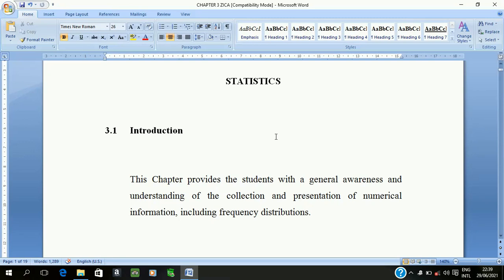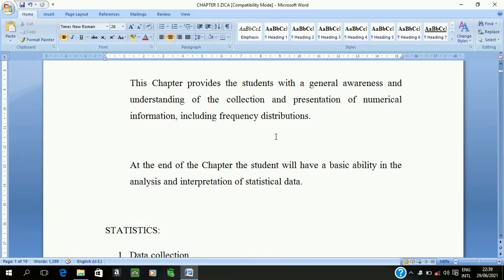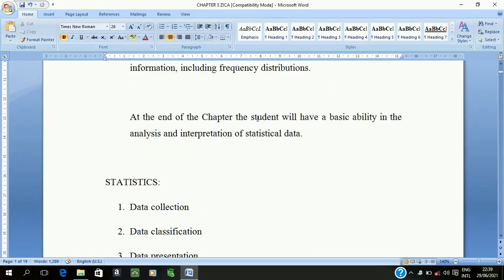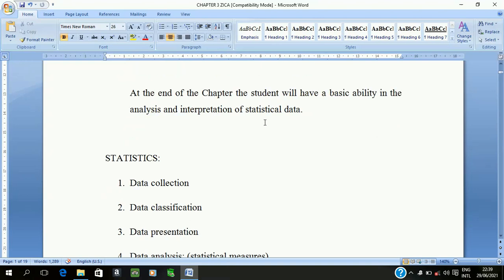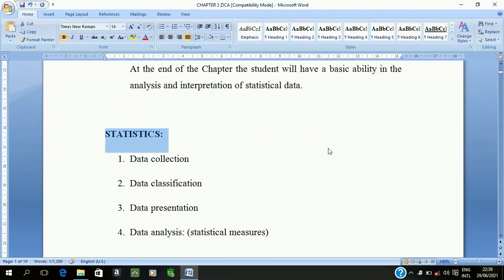That will be the part we'll be dealing with in this particular session. At the end of this session, students should be able to analyze and interpret at least basic statistical data.